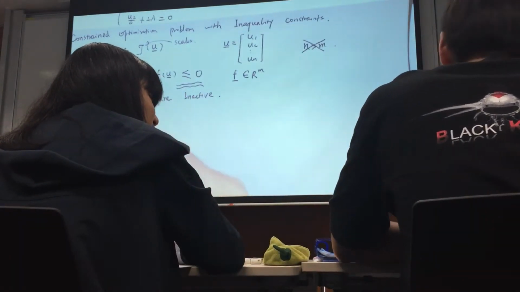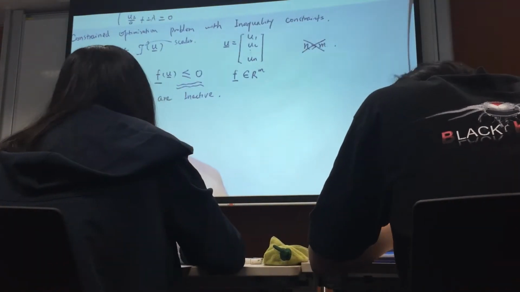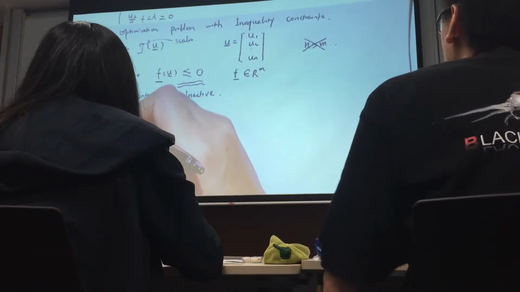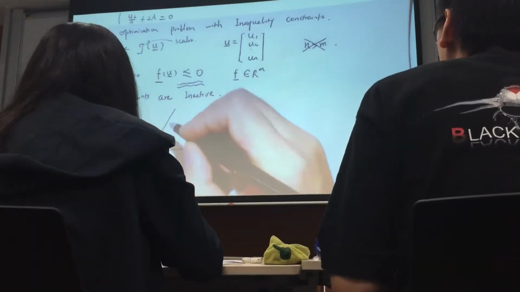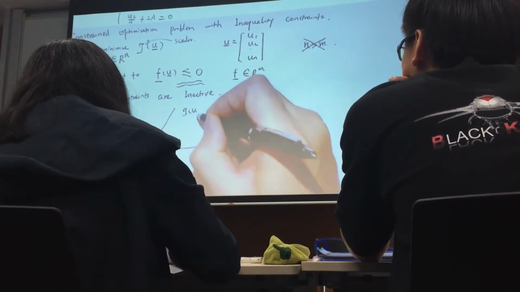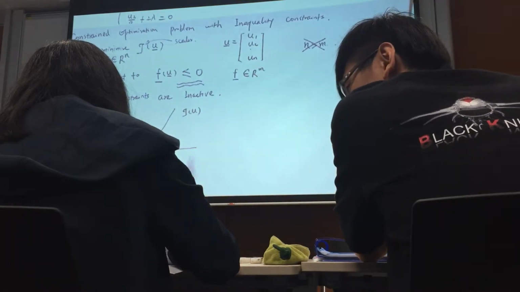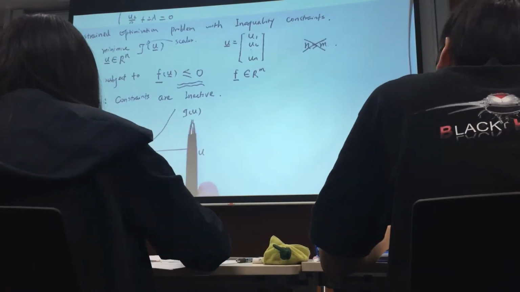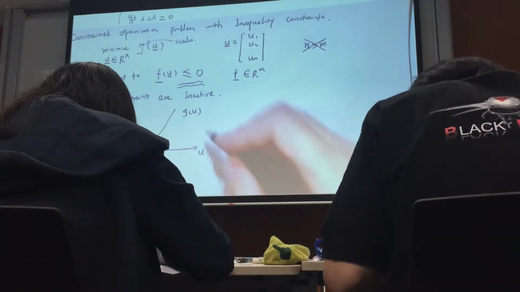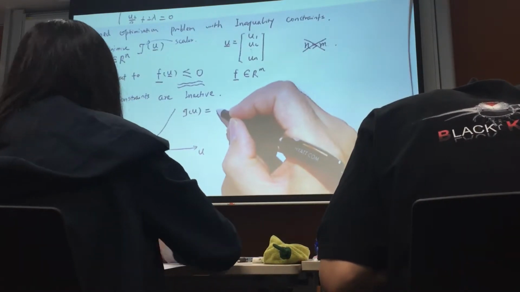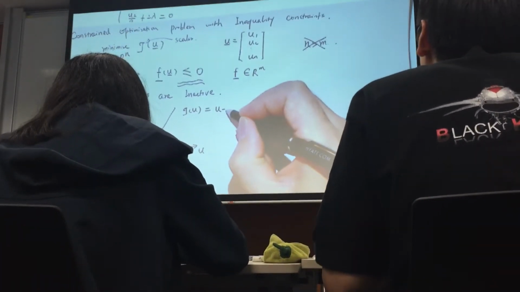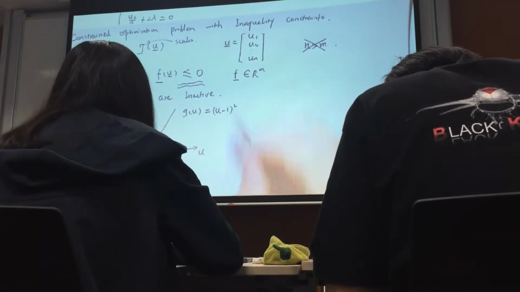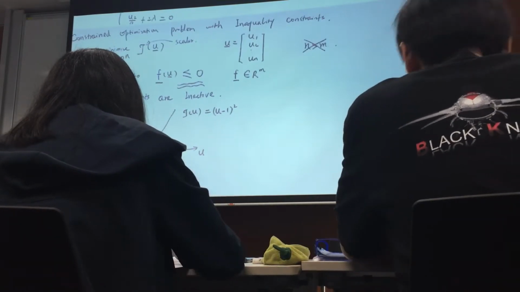So assume we use a simple example to illustrate the idea. Assume we define J(u) to be a quadratic function in a 1-dimensional space. This is the space for u. You may think about this J(u) to be something like u minus a constant 1, squared.